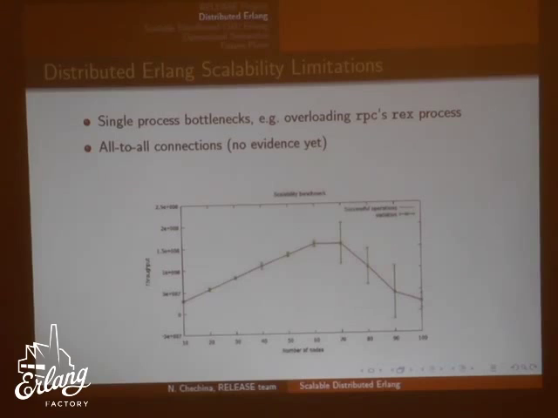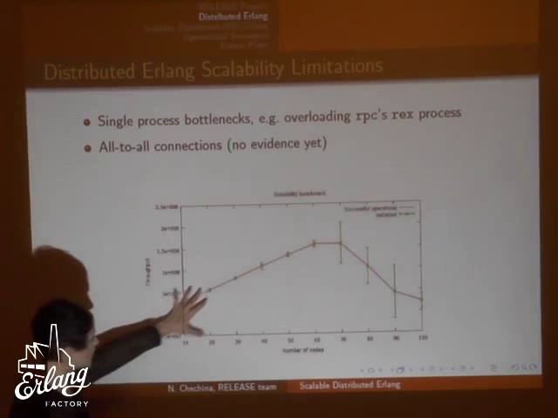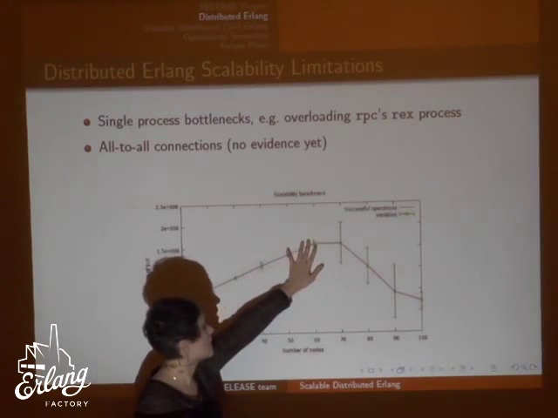And another problem is single process bottleneck, something like the Rex process in RPCs. So this is a picture of Riak. This is a benchmark we ran. We have from 10 to 100 nodes. And it scales pretty well until we come to 60 nodes.